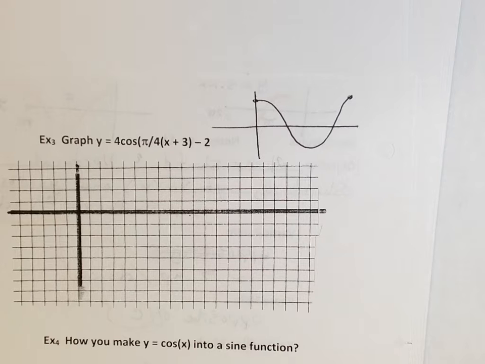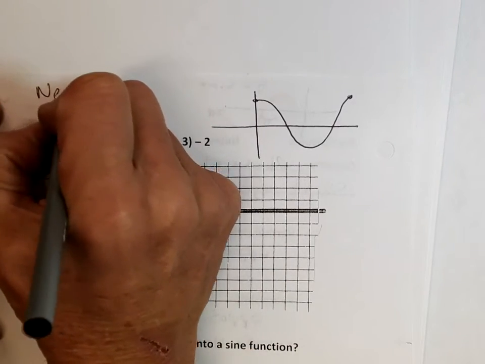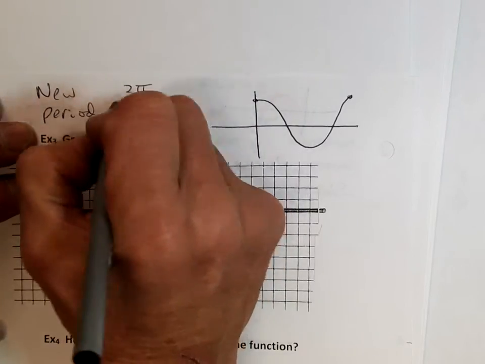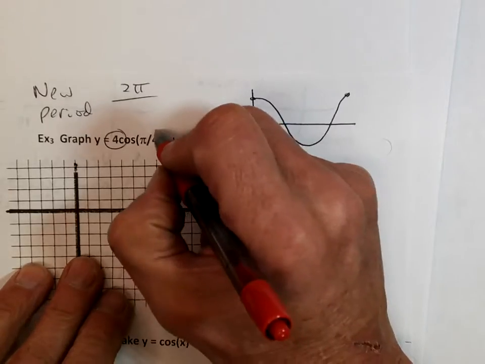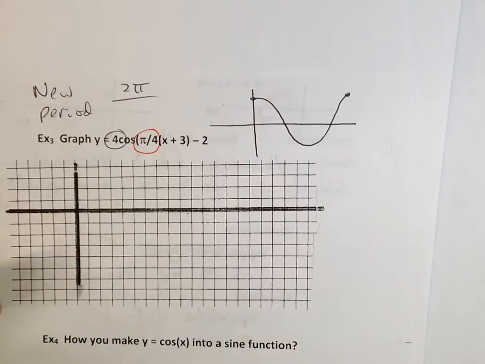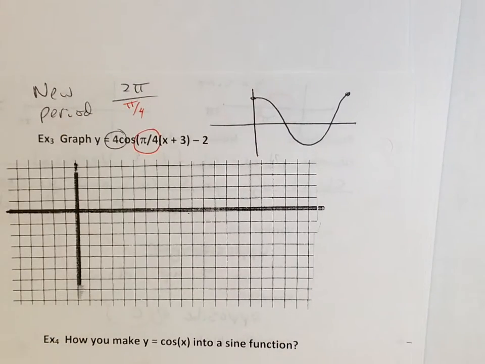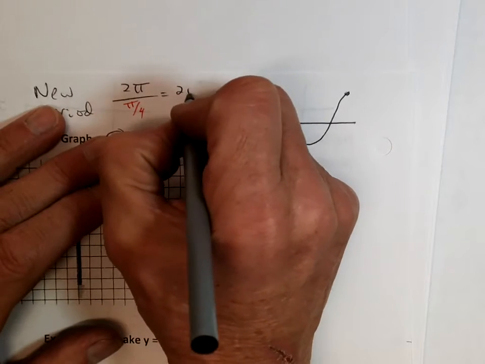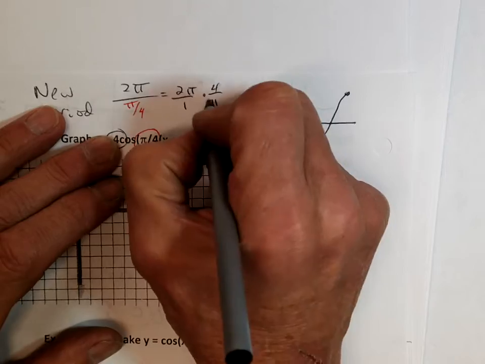So what I'm going to do is find the new period, okay? I know my amplitude is 4, but I need my new period. The new period is always 2 pi divided by the frequency. If I take 2 pi and divide it by pi over 4, that's the same thing as 2 pi over 1 times 4 over pi.